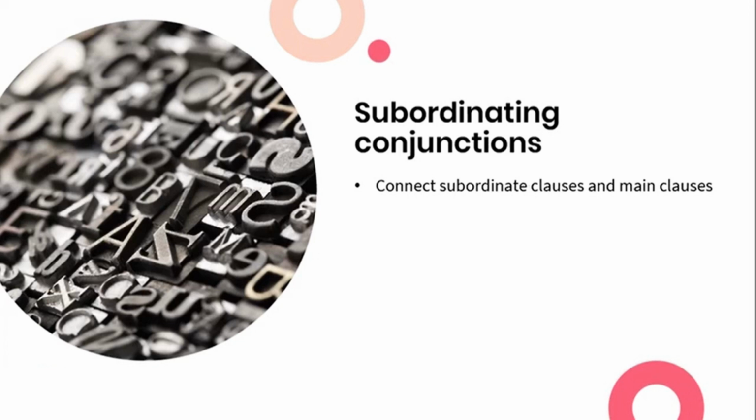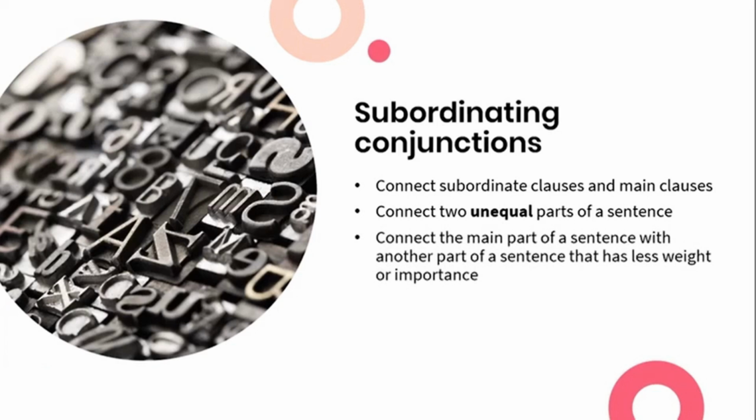However, for now, all you need to know is that subordinating conjunctions connect two unequal parts of a sentence. In other words, a subordinating conjunction connects the main part of the sentence with another part of the sentence that has less weight or importance. Some subordinating conjunctions are after, because, although, and so on.